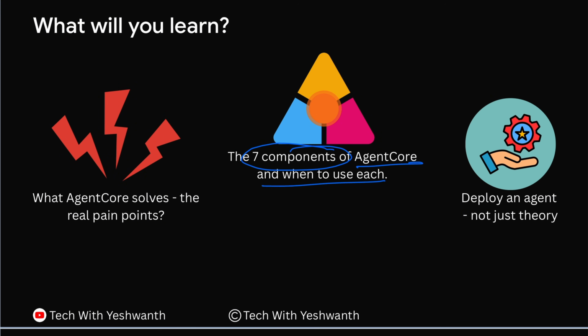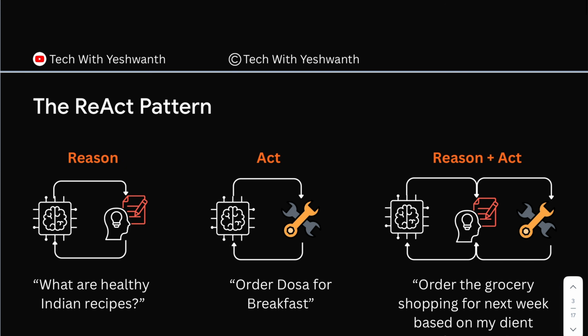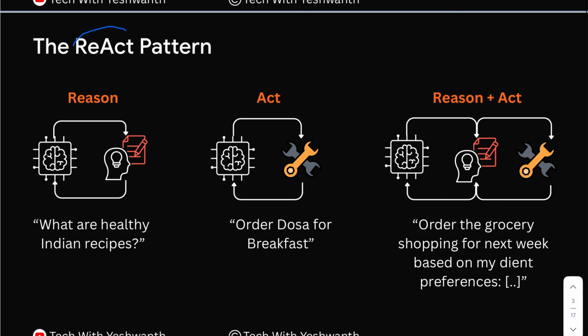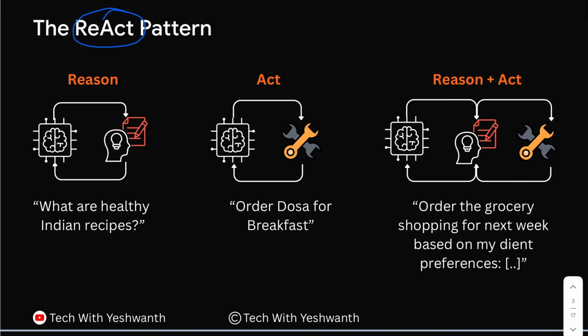To understand how agents work, we need to talk about something called the ReAct pattern. No, it's not a programming language. It simply stands for reason and act. Now, to give an example, think of a normal language model as a brain in a jar. It can talk, but it can't do things. An agent, on the other hand, can act on behalf of you.